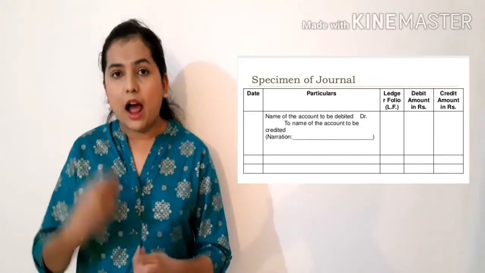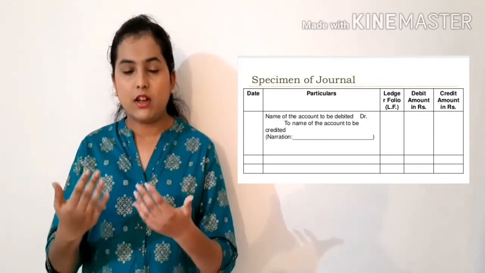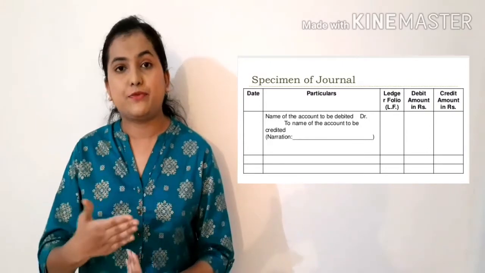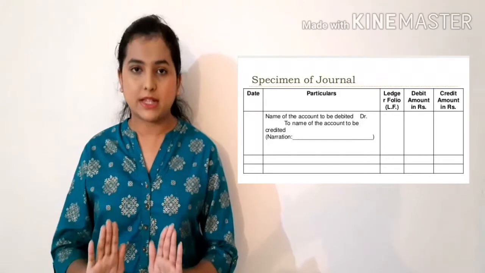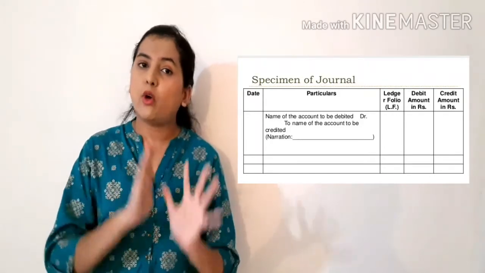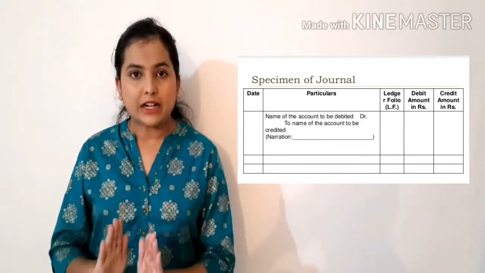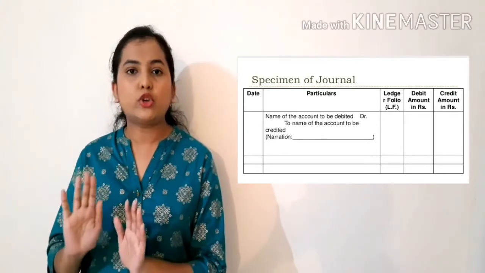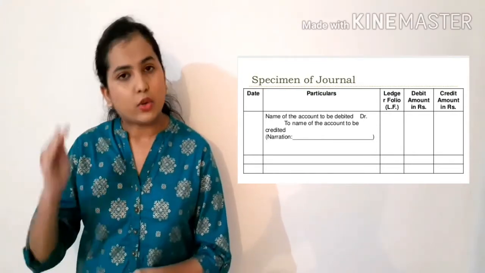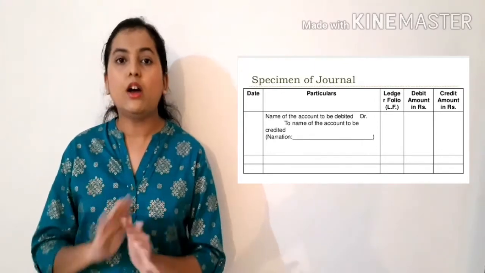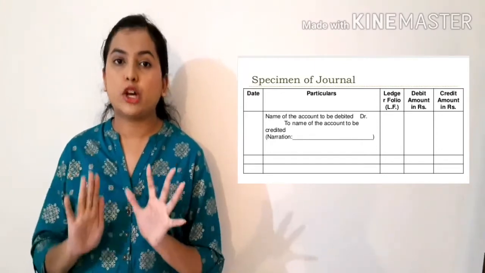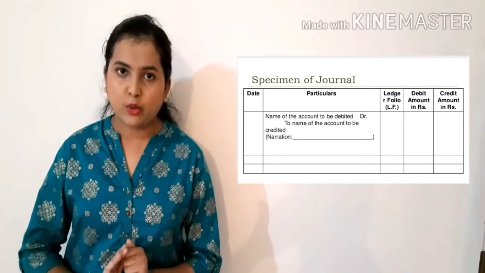It is for our authenticity, that all these transactions are maintained with the business and carried out on that particular day. So you need not consider the other party. So on the credit side also we write the same amount. This is how a specimen of a journal looks, and this is how it works.